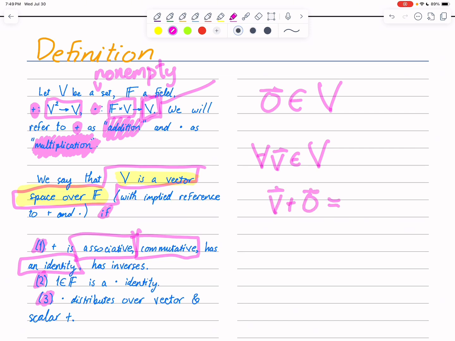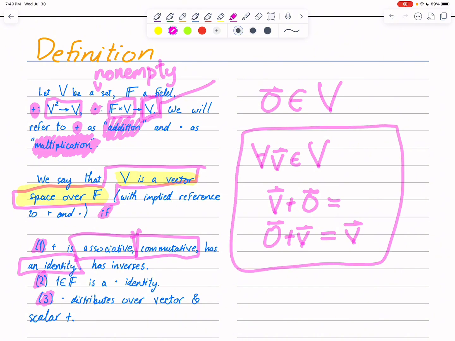If you add 0 to it, it shouldn't matter in which order it goes. Of course it doesn't matter because we're assuming this thing is commutative, but anyway, adding it on either side does not change the vector, right? This is the property that defines what we mean by an identity element.